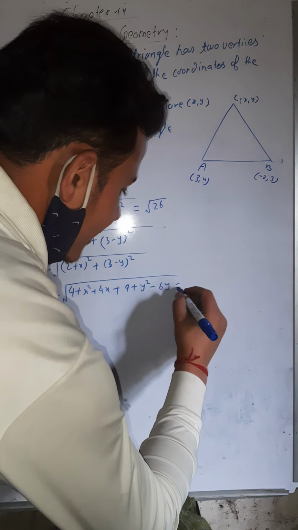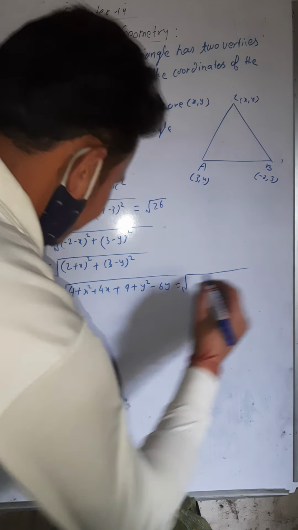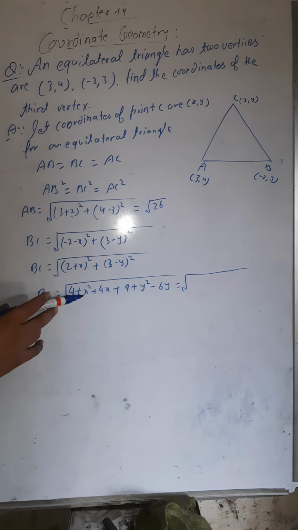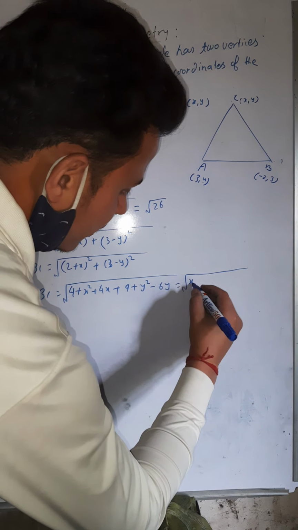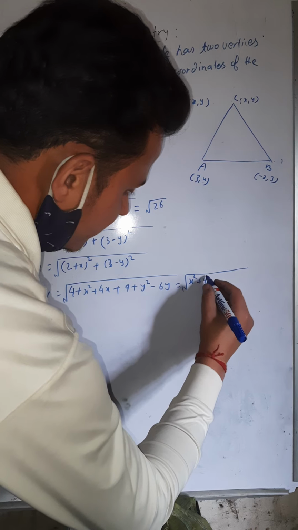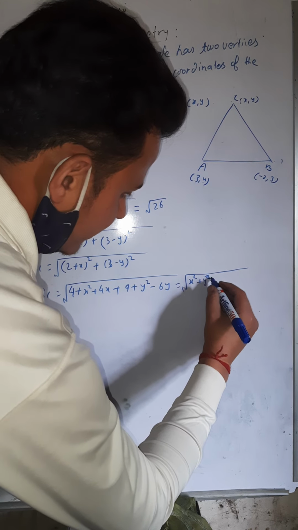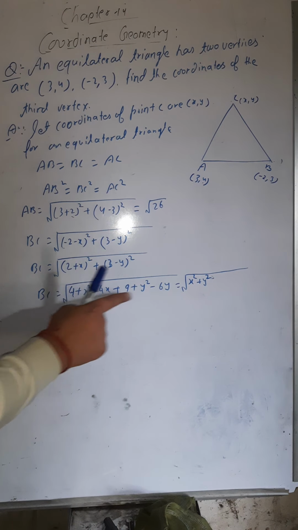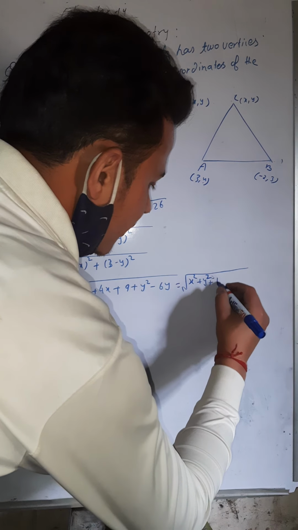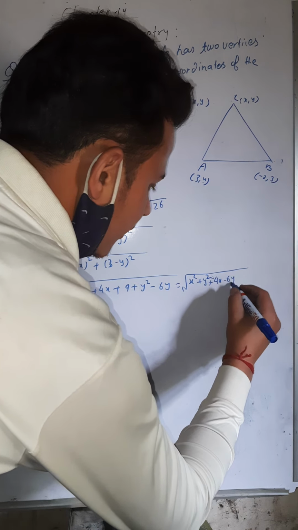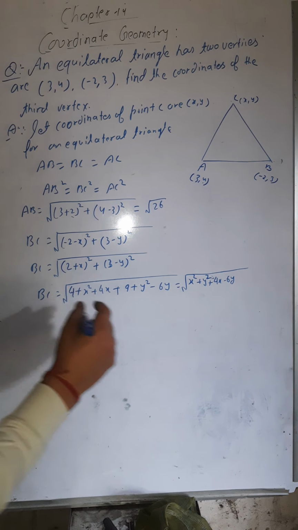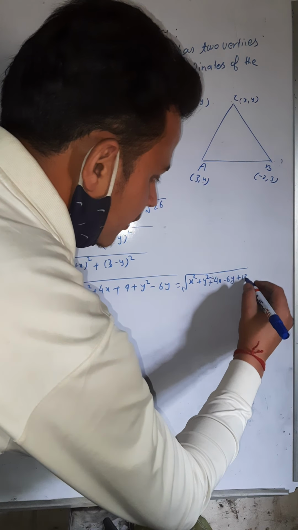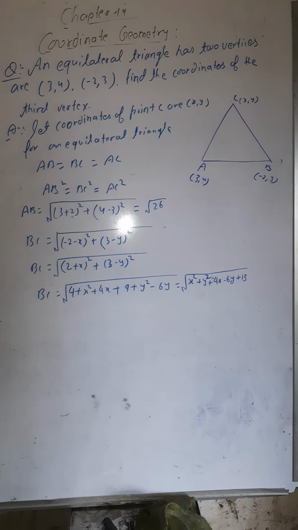Or I can write it like this, in a simpler way: x square plus y square plus 4x minus 6y. Getting this? And 4 plus 9 will be how much? 13. So this will be the value of BC.